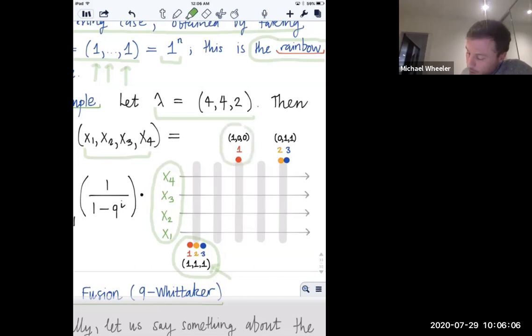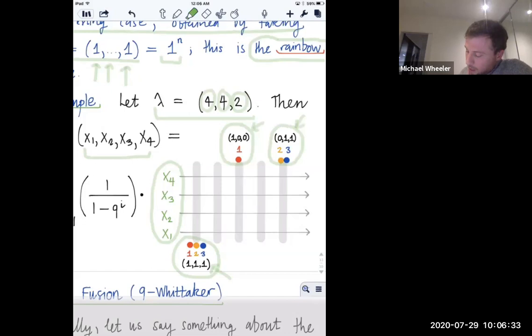This is the column that corresponds with this 2, part of this partition. And the other 2 particles have to leave via the top of this column. We have 2 going out there because we have 2 4s. In terms of the vectors, this would be the vector 1, 0, 0, and this one is going to be 0, 1, 1.